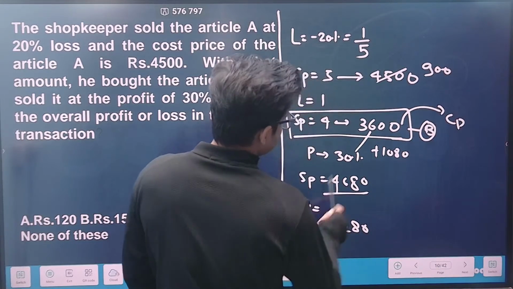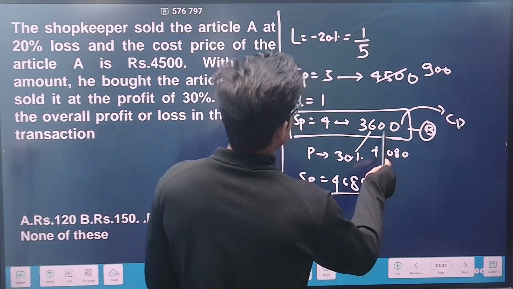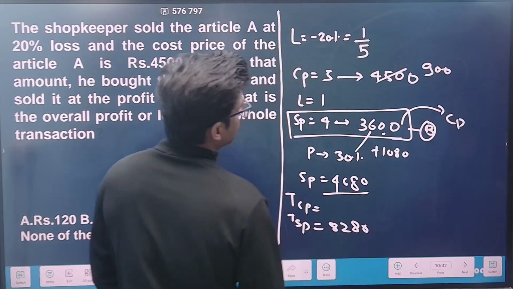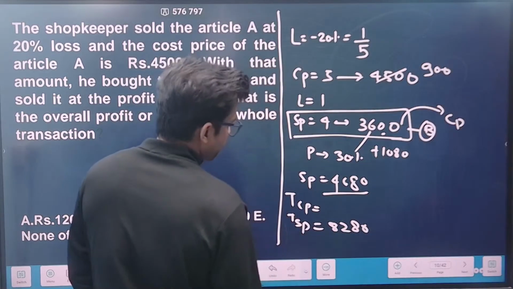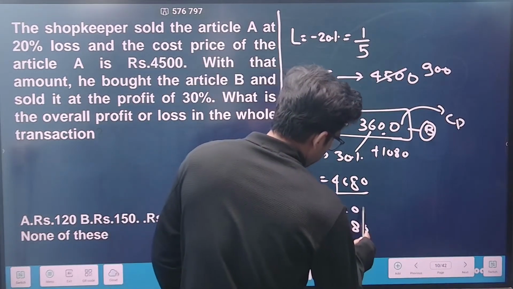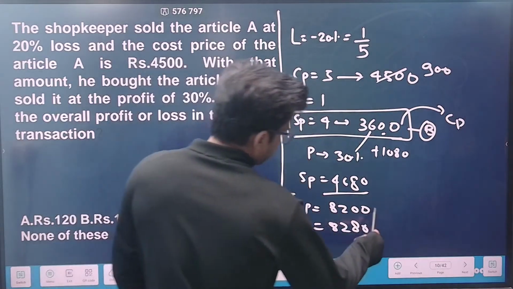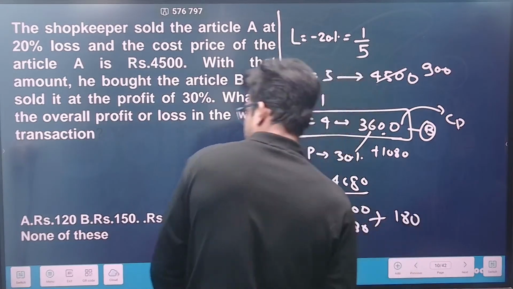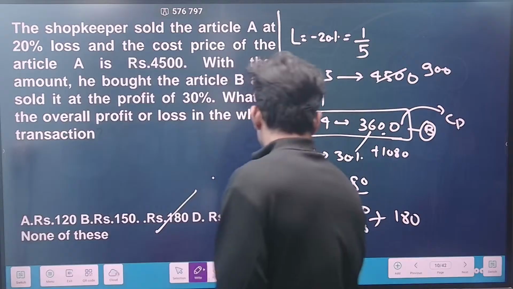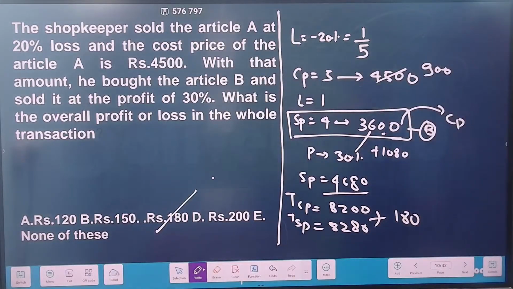The total cost price is 8100. The difference of both is 180. So the answer is 180. Correct? I hope you got it. No worries, easy question, I would say.